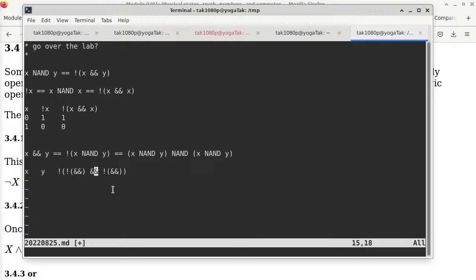So in this case, we have x NAND y on one side, and then we have x NAND y on the other side.